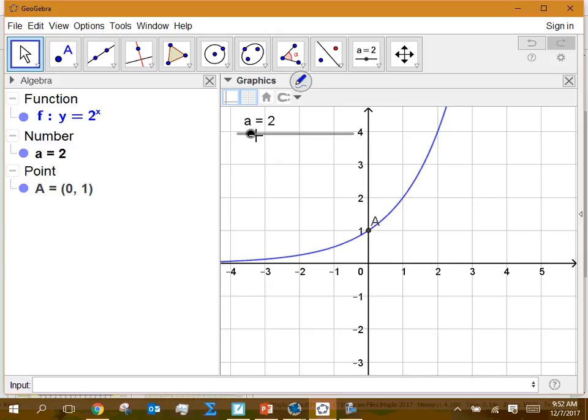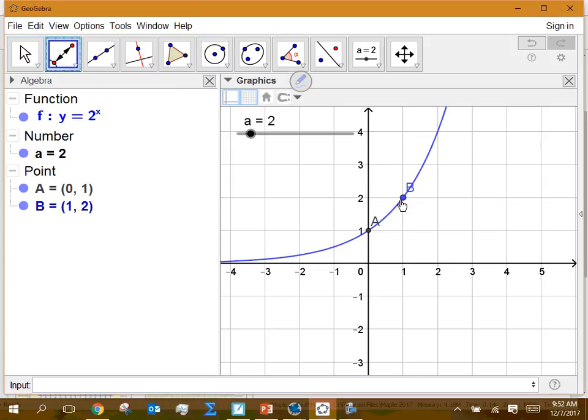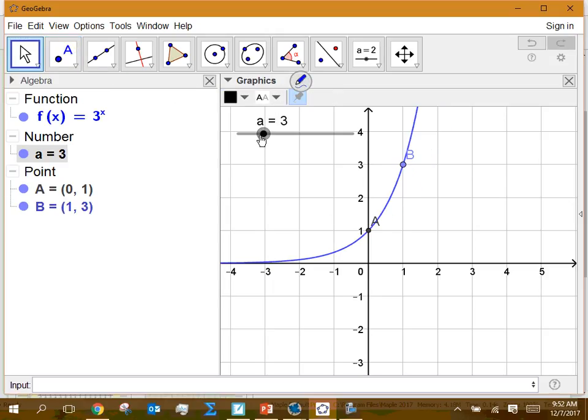I'm going to put another point on here. Now, this one's going to change a little bit, but you should be able to see how it changes. I put that point B on there, okay? And I start changing that a value. It's now at 1, 2. B needs to go with it. Attach B to there. There we go.